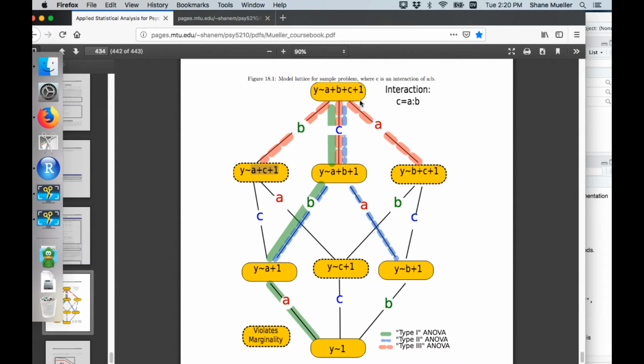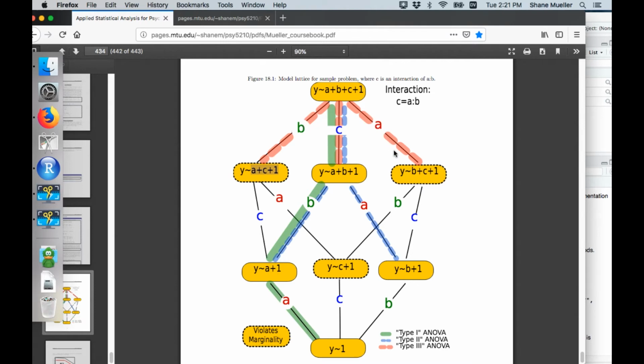So this is called the type 3 ANOVA, and just like we talked about, sometimes the main effects don't make sense in the context of an interaction. These might be really what you're interested in, these comparisons. You want the effect of B only after you consider the interaction, because if there is an interaction, the main effect may not really make sense. That interaction is a complex pattern, and it may not make sense to think about the main effect until you've canceled out all of the interaction elements.